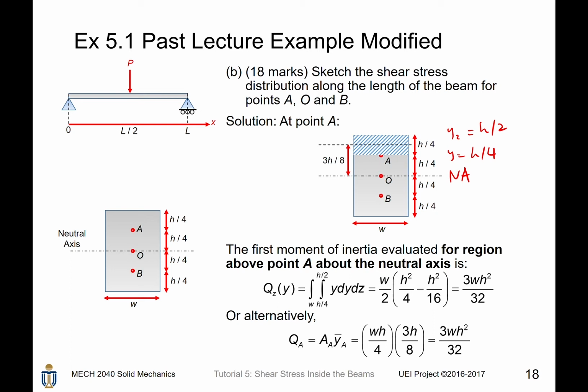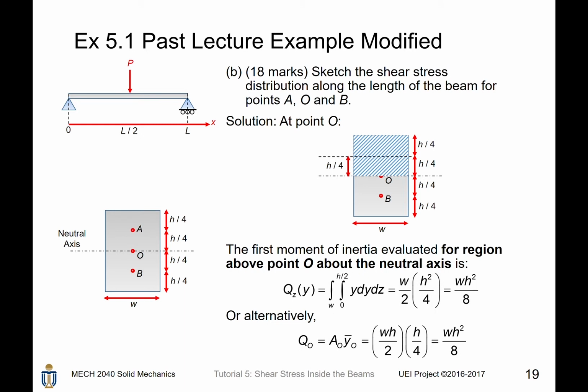Then we try to find the distance between its axis of symmetry and the neutral axis. For this region, its axis of symmetry has a distance of 3h divided by 8 with respect to the neutral axis. By multiplying those two terms together, you will also get the same answer, which is 3wh squared divided by 32.